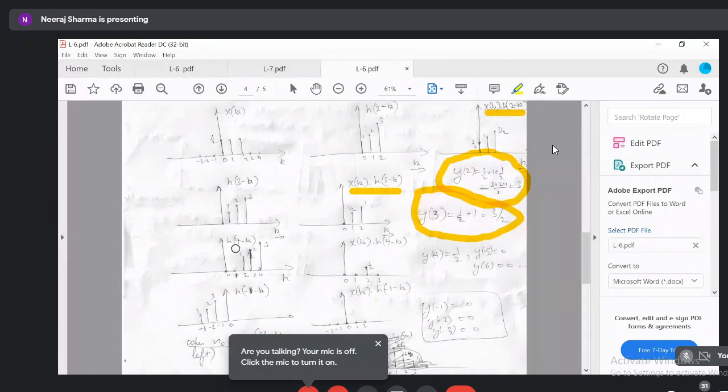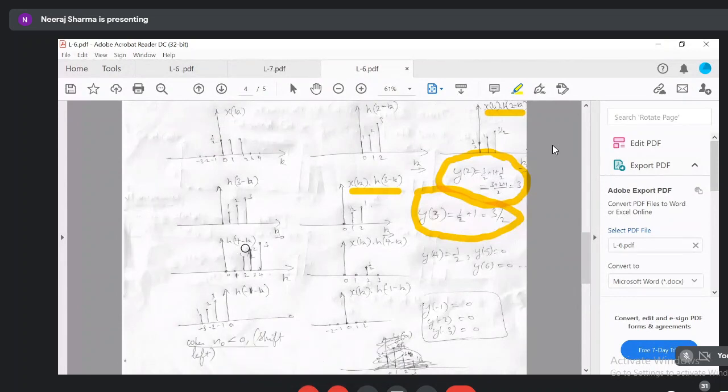Similarly, find h n naught minus k for n equal to 4. So this is h4 minus k, that is h minus k is now shifted by 4 units towards the right hand side. In comparison with h3 minus k, it will be a 1 unit shift. So all the samples in this h4 minus k compared to h3 minus k will be shifted by 1 unit.